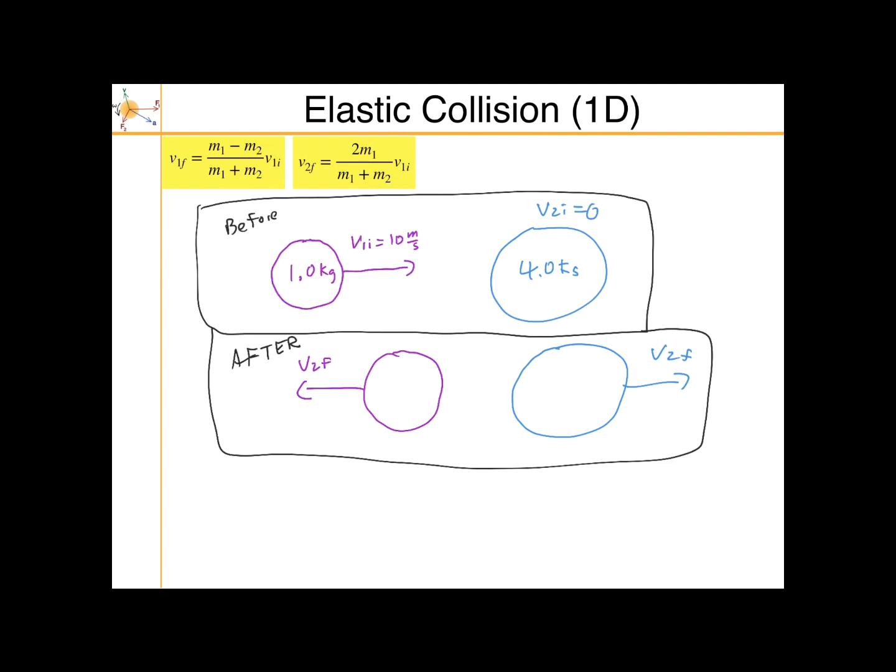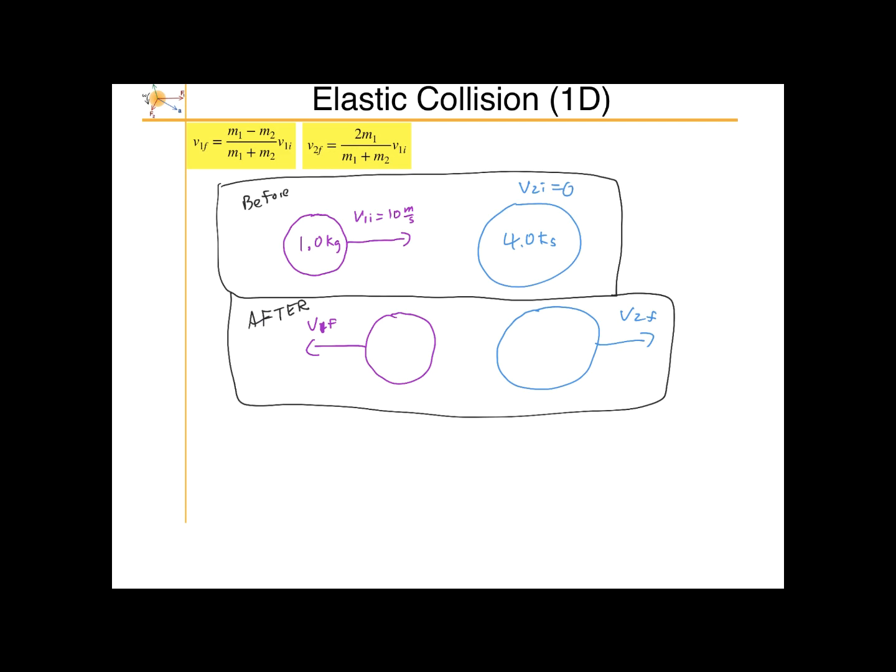Here's another simple example. We have two balls on frictionless surfaces sliding around. So a 1 kilogram ball moving at 10 meters per second collides elastically with a 4 kilogram ball that's at rest. So we want to find out how fast they are moving afterwards. All right, so how fast is ball 1 and ball 2 moving afterwards? Well, we just use the two equations, right? So to find V1, we use this equation.